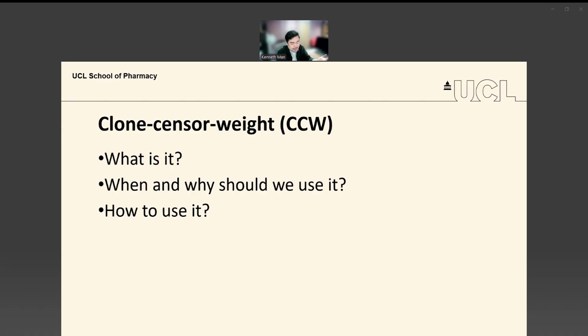Consensus weight is an approach that forces all three components to happen at the same time in order to prevent, number one, the prevalent user bias and also the immortal time bias, though it's more to do with the immortal time bias in that sense. So in the next couple of minutes, I'm going to talk about what consensus weight is, when and why we should use it, and how we could use it.